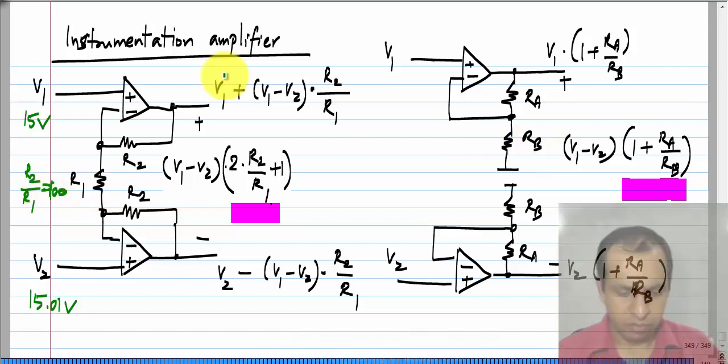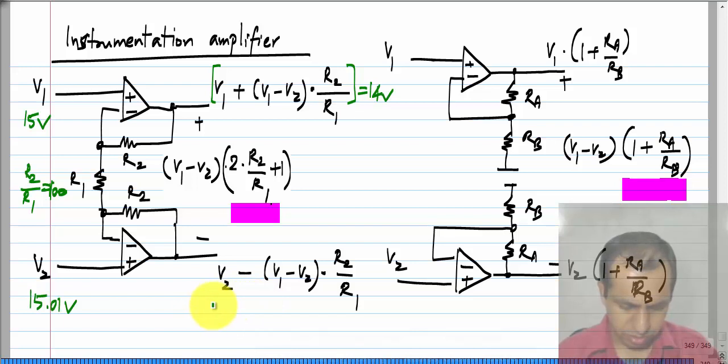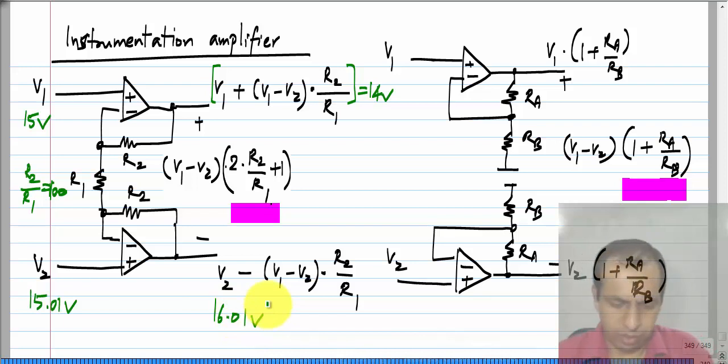We saw that this would be 15 minus 0.01 times 100 or 14 volts, and this will be 16.01 volts. Now, the difference between these two is of course minus 2.01 volts.